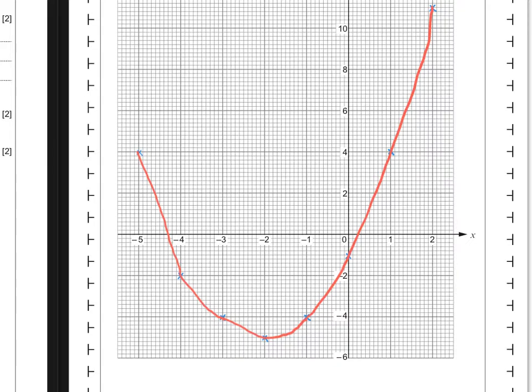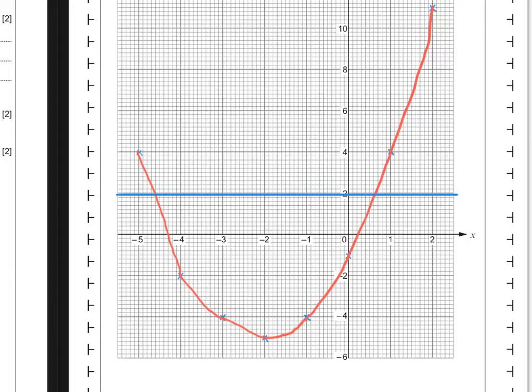So I'm now going to take my pencil and try and draw a nice straight line across at y equals 2. And where that line crosses our curve, we now need to draw a line down to the x-axis.